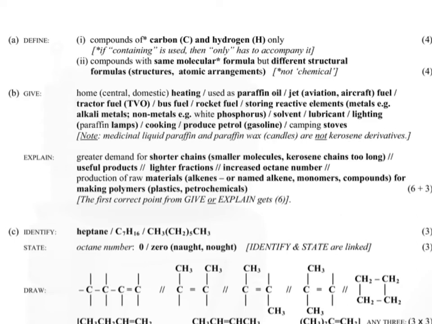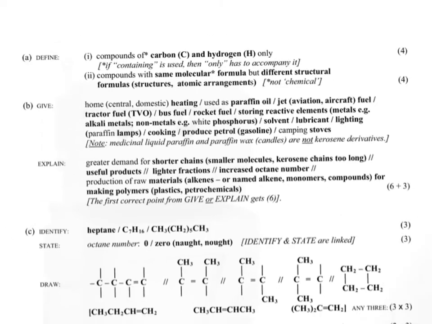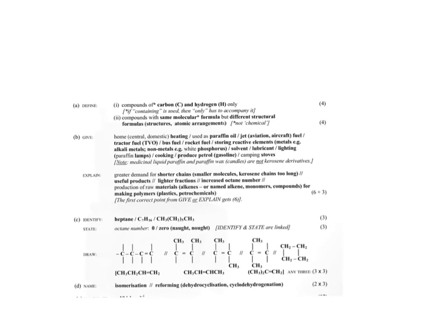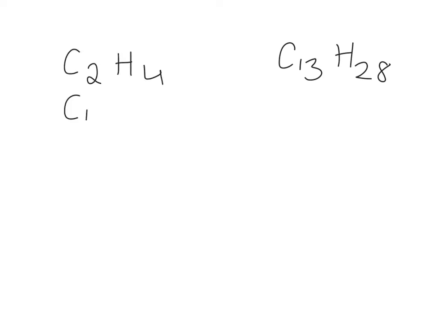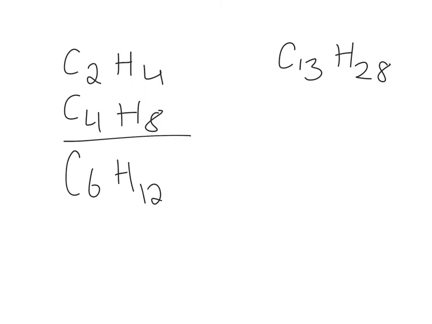So with regards to identifying the final molecule, in total we have C13H28. In the middle, we have made C2H4 and C4H8. So in total, we have used up C6, I added the 4 and the 2, and H12, I added the 8 and the 4.